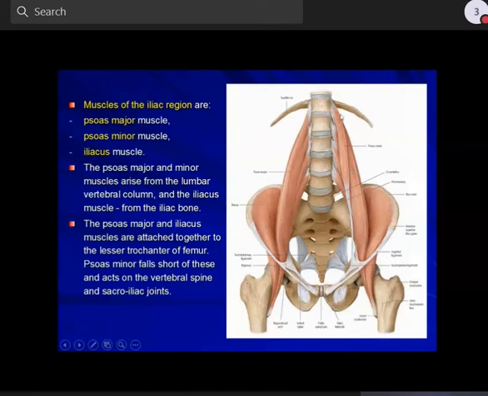The psoas minor, if present, starts only from the first muscle slip, the superficial muscle slip. So from the thoracolumbar disc and adjacent vertebrae T12 and L1.